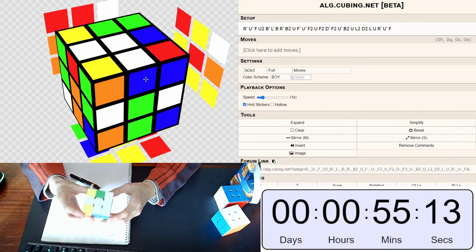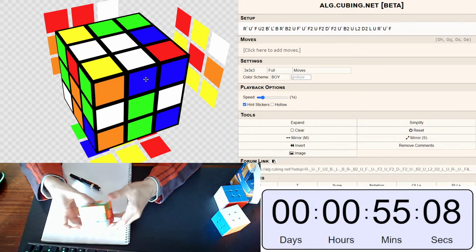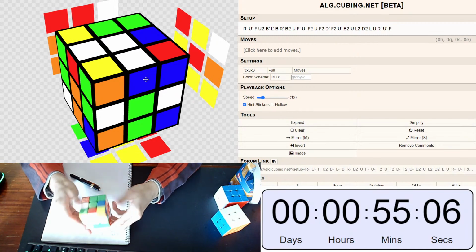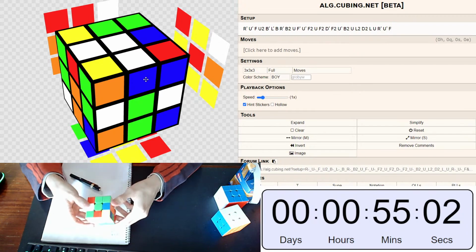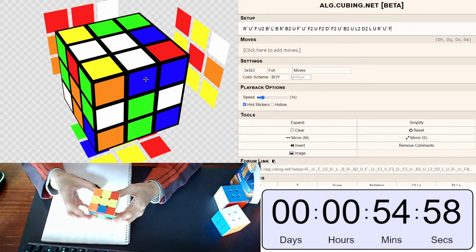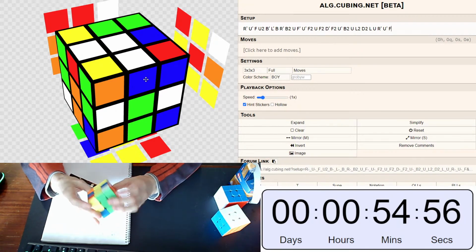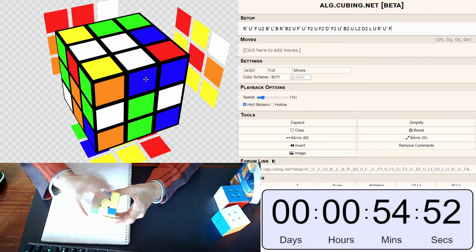U' L' gives 2 corners, 2 edges. D' L' gives 6 corners, 2 edges. So none of those are really good. So I'll just do a solve the cube.